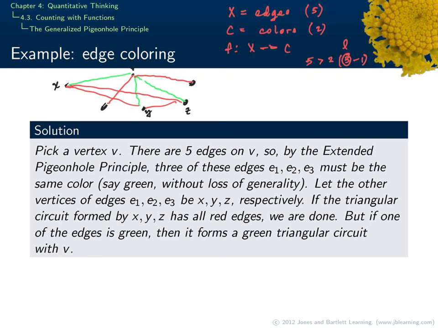So let's see why that's true. So for instance, let's suppose that one of the edges, say, between Y and Z is green. If that's true, then we get a green triangle that incorporates Y and Z and our original vertex V. So either way, we get a triangle where all the edges are the same color.